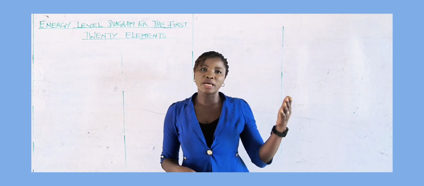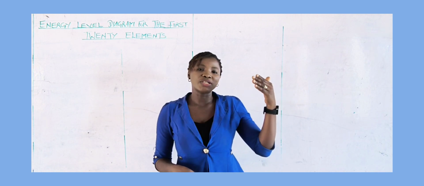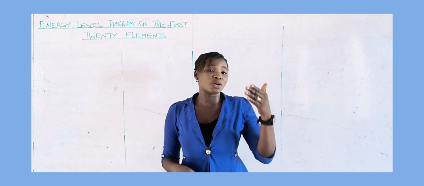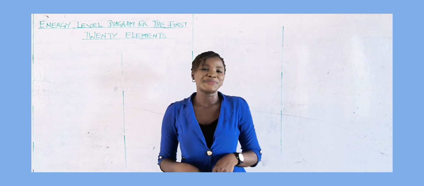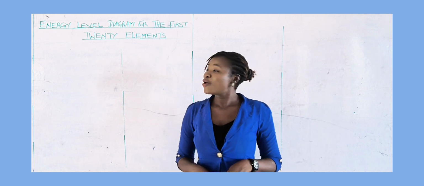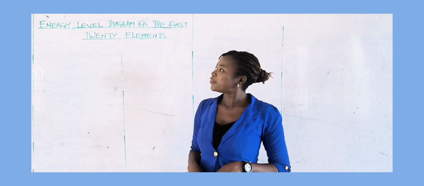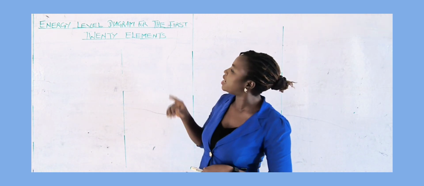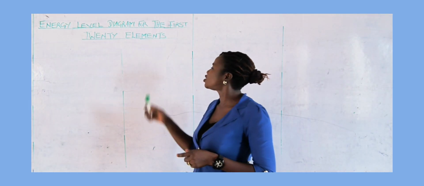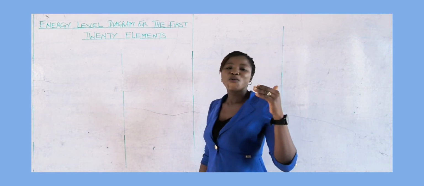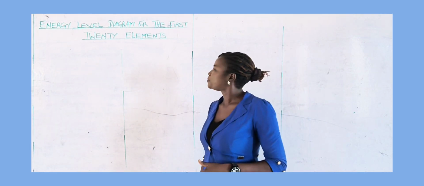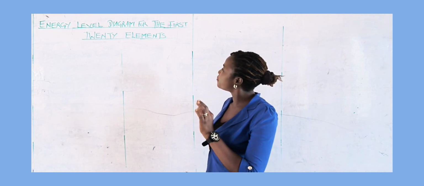I mentioned their atomic number and also their symbol. The atomic number is what I use as a serial number. But today, we want to learn another thing, which we call the energy level diagram for the first 20 elements. We are still on the elements.